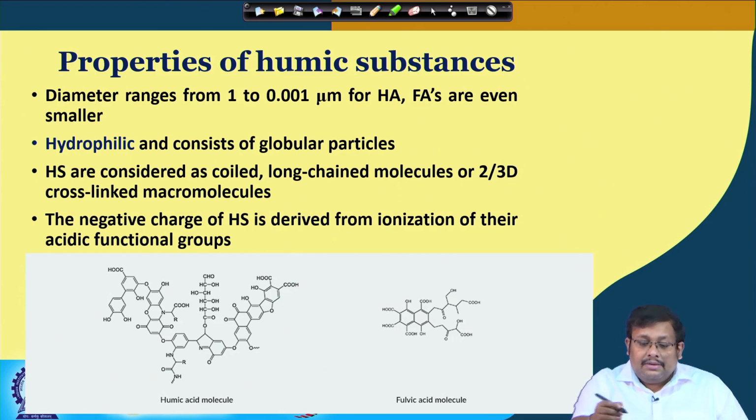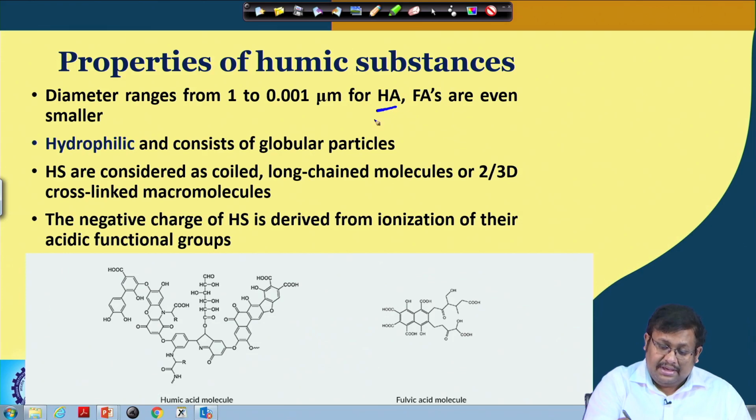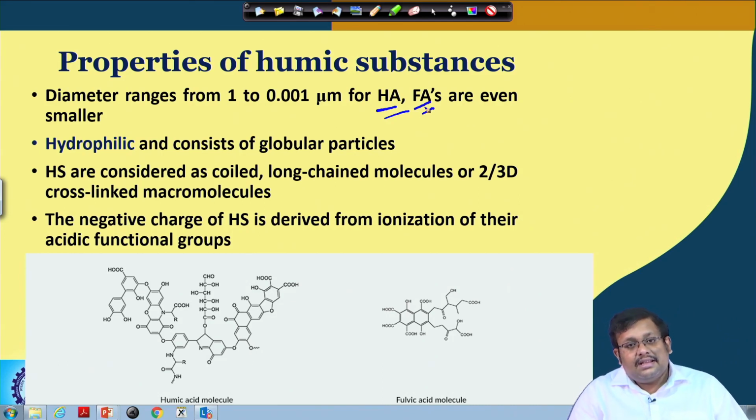So, when we are using HA, that means it is humic acid, and when we are using FA, they are basically fulvic acid. In the last lecture we have already discussed that there are three major fractions of humic compounds. One is humic acid, another is fulvic acid, and the third one is humin.